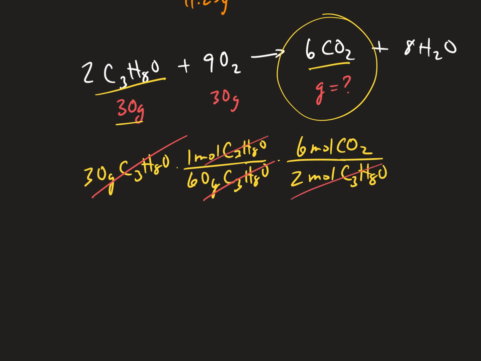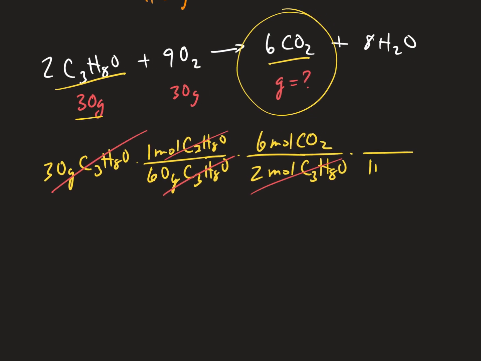Good? And we got to go to grams. We're not there yet, so we keep going. And for 1 mole of CO2, that goes on bottom, so they cancel, right? Has a mass of what? 44.